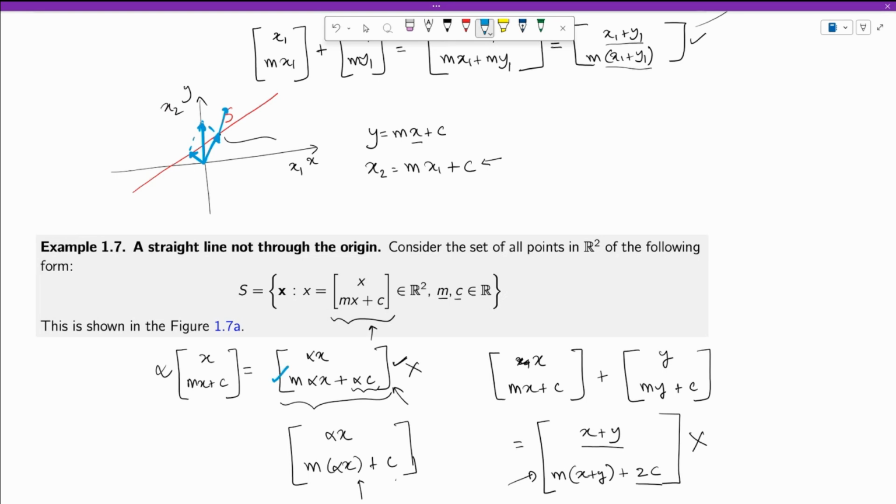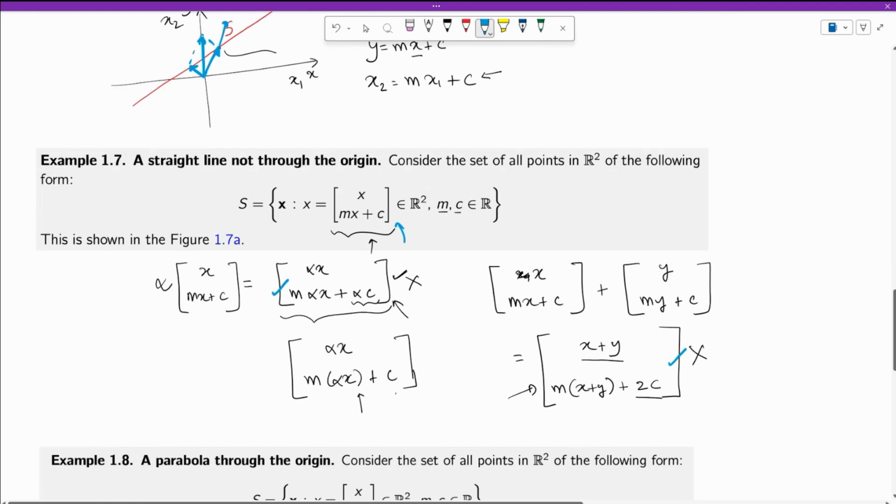That's why it does not look like elements from your original set. Now we know that lines not passing through the origin actually don't form a subspace of R2.